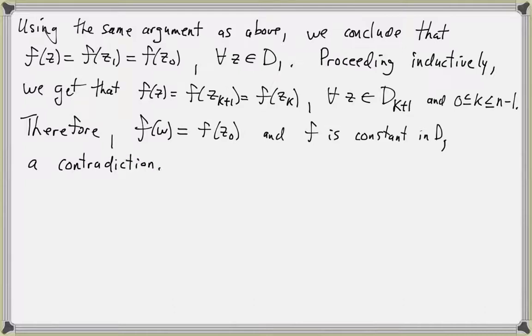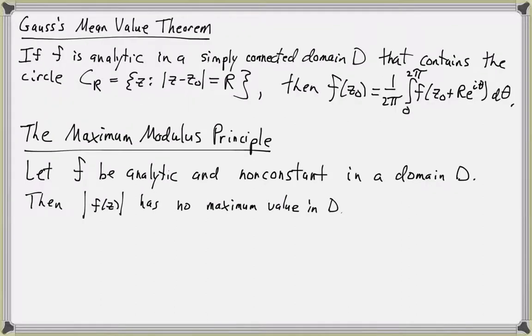So this finishes the proof of the maximum modulus principle. So we have proven that if f is an analytic and non-constant function in a domain D, then the absolute value of f of z does not attain a maximum value inside the domain D.